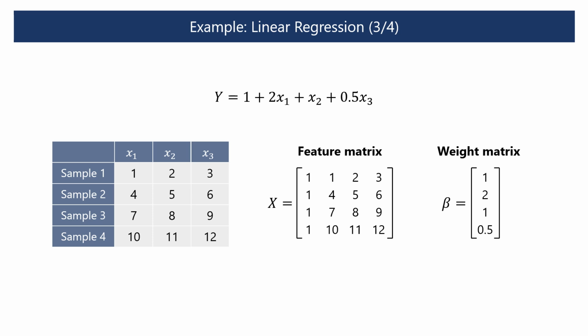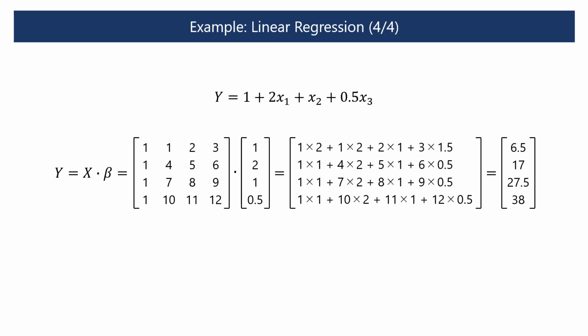Next, let's see an example with specific values. Suppose this linear regression model can express the relationship between y and predictor variables. This dataset is to be used here. We can define a feature matrix and a weight matrix from this dataset and a linear regression model as shown here.